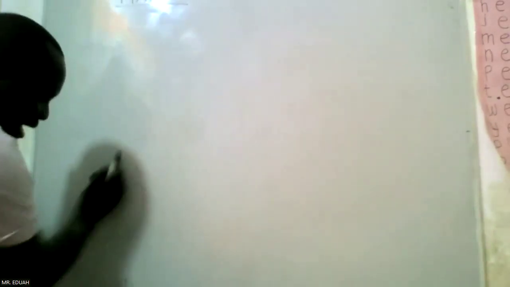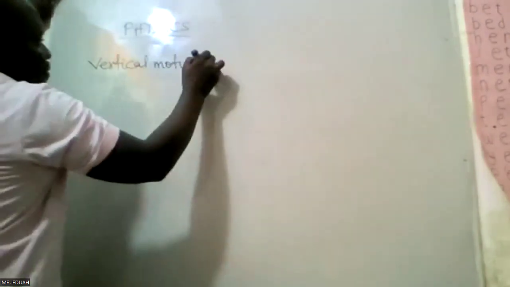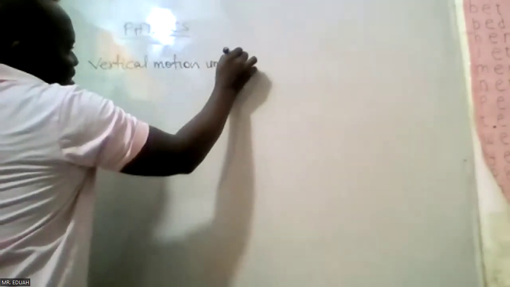So there are limitations. The equations work with uniformly accelerated linear motion, and that is what you must know at your level. At your level, you don't look at non-uniformly accelerated motion. So uniform motion and vertical motion under gravity.